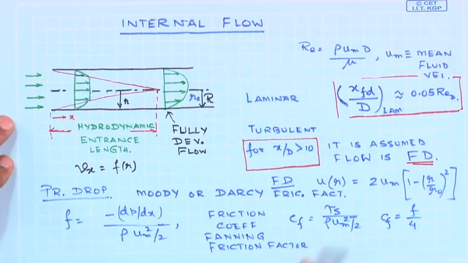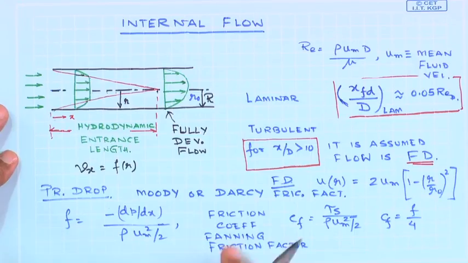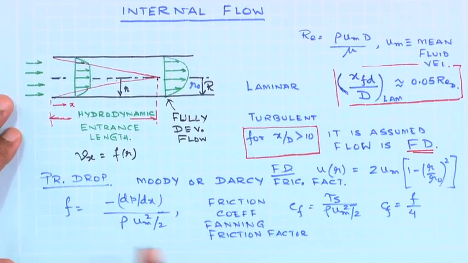There is one more thing which I should write in the space, just to make sure that everything is on one page. This f is going to be 64 by Re for the case of fully developed laminar flow.